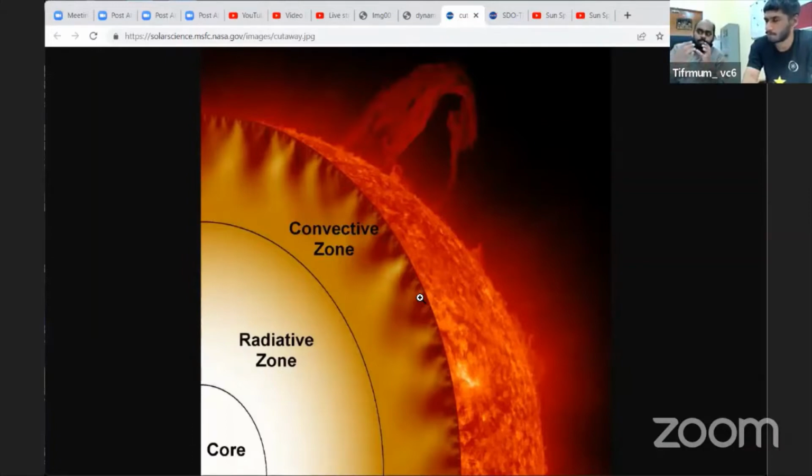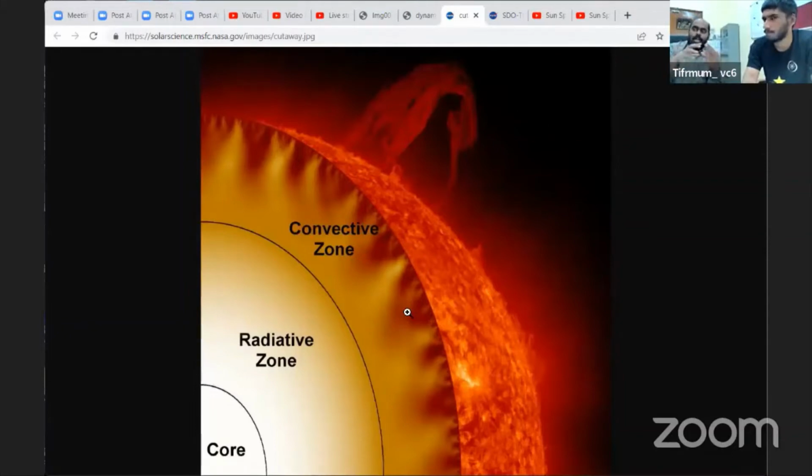So if there is a strong magnetic field in one of these regions, it suppresses this convection, the rising of the hot gas and going down. That suppression of the convection means that part of the sun receives less heat from the layer below it.